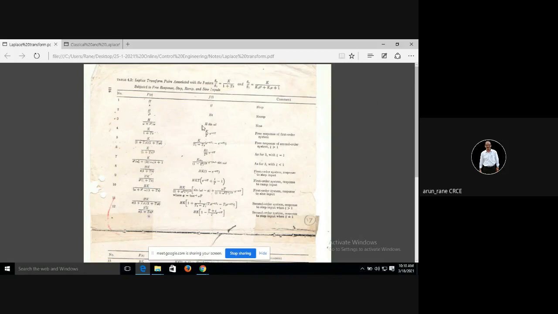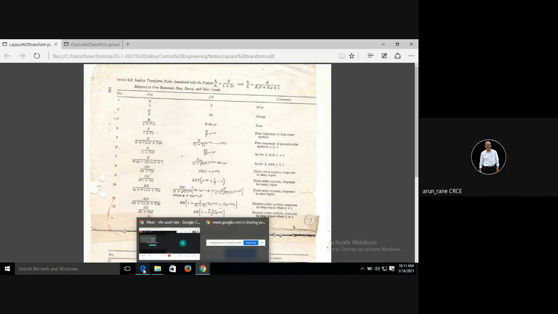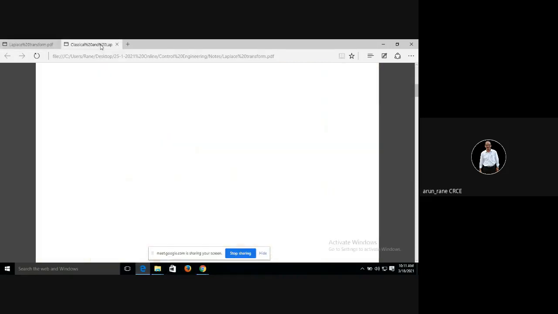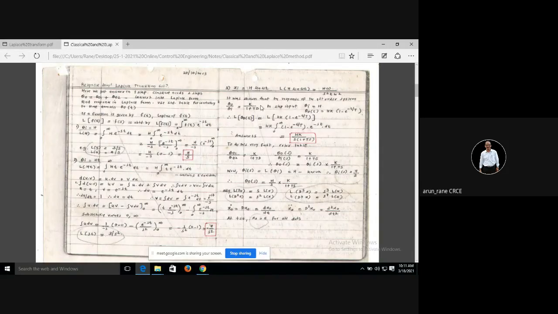Let us see if my input is h sine omega t. In time domain, if my input is h sine omega t, how do we get the Laplace of h sine omega t?